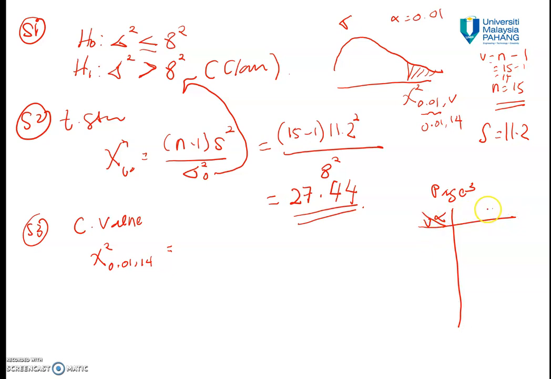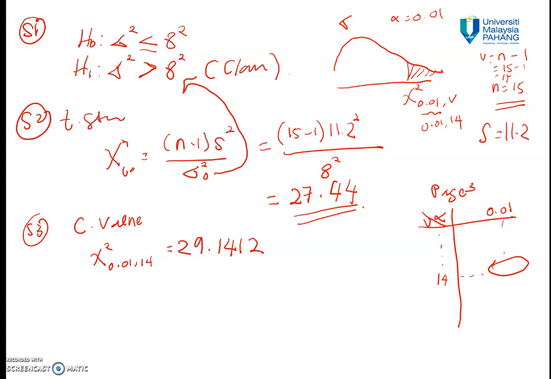So alpha you find 0.01, and then mu you have from 1. So you find yours is 14. So 14, and then this is the value. If you look at the value, it will be 29.1412.